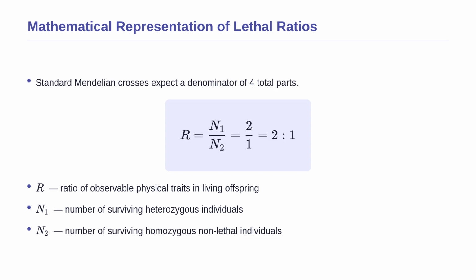R represents the ratio of the observable physical traits of the offspring that actually live, and 1 represents the number of heterozygous individuals who carry 1 copy of the lethal allele but survive, which is 2. And 2 represents the homozygous individuals who do not carry the lethal allele at all, which is 1. This shift from a 3-to-1 ratio to a 2-to-1 ratio is the mathematical hallmark of a recessive lethal allele.